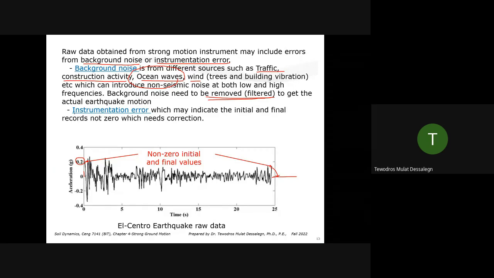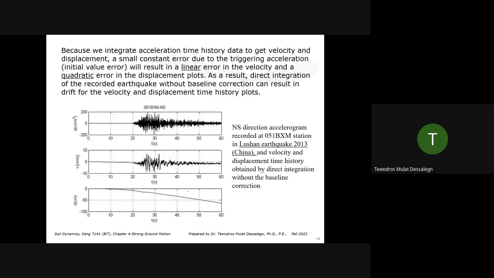Or it can also be instrument errors, which may show the initial and final records not being 0, which needs correction. This is an example of raw data from the El Centro earthquake, from the Western US. If there is an error in the data, it's dangerous.